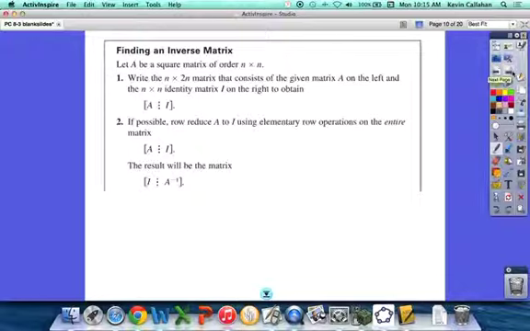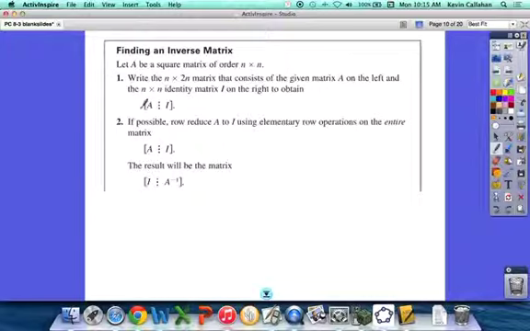Okay. So how do you find the inverse matrix? I mean, it's one thing to say, here's two matrices, show they're inverses. It's another thing to actually find the inverse matrix. Okay. And we're going to see what we do is we augment the matrix that we want to find the inverse of. Let's say we want to find the inverse of A. We augment A, which has got to be a square, with an identity matrix of the same dimensions.